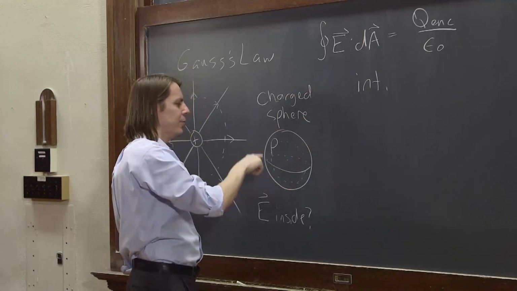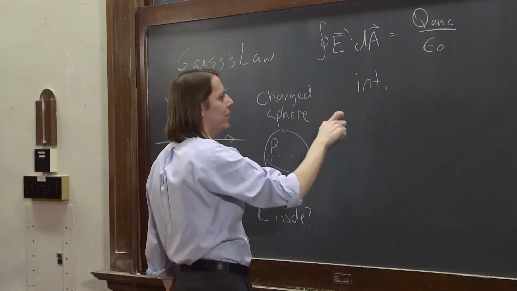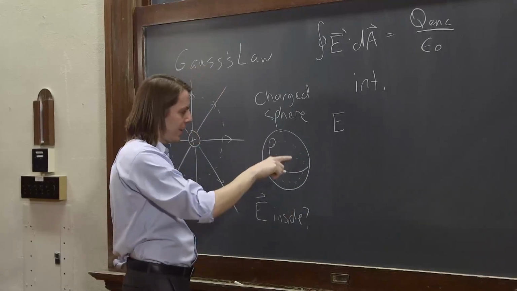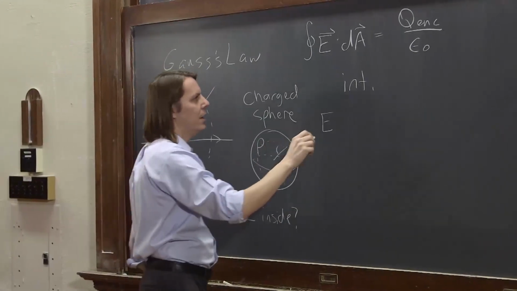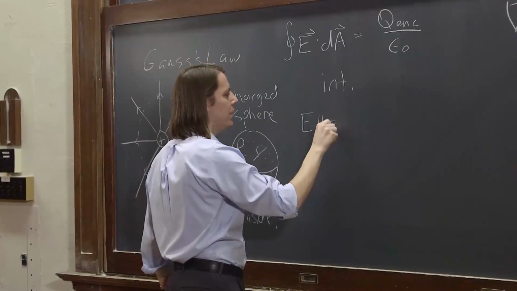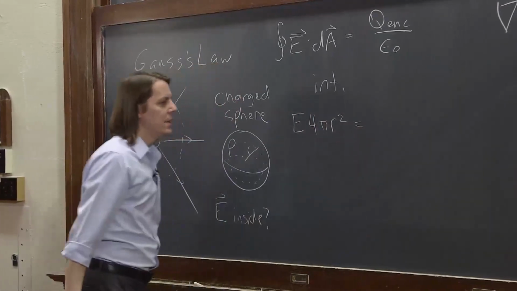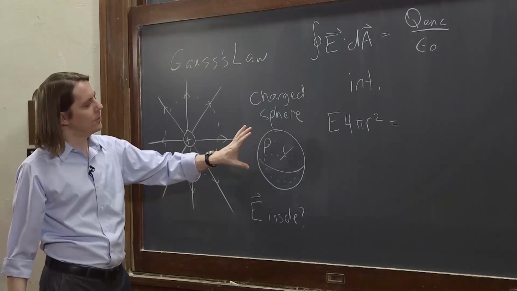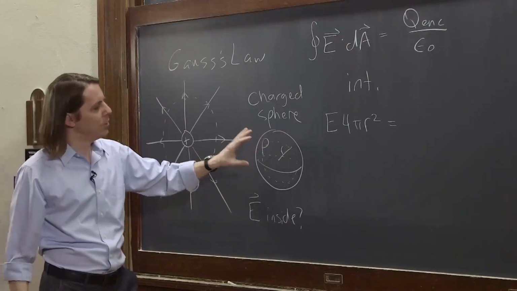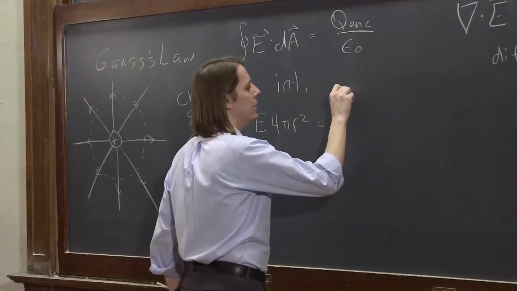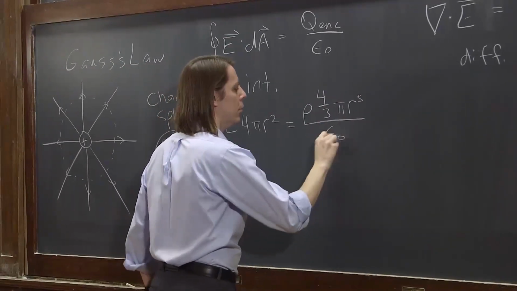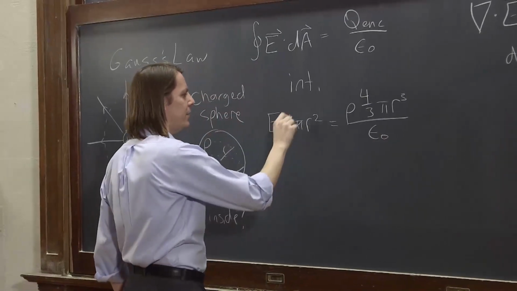E is constant over the surface due to symmetry, so it comes out of the integral, and you end up with E times the area of the Gaussian surface, 4 pi r squared at some radius r, equals the charge enclosed. With uniform charge density rho, the charge enclosed is rho times the volume of the Gaussian sphere, rho times 4/3 pi r cubed, over epsilon naught. And all kinds of stuff cancels.